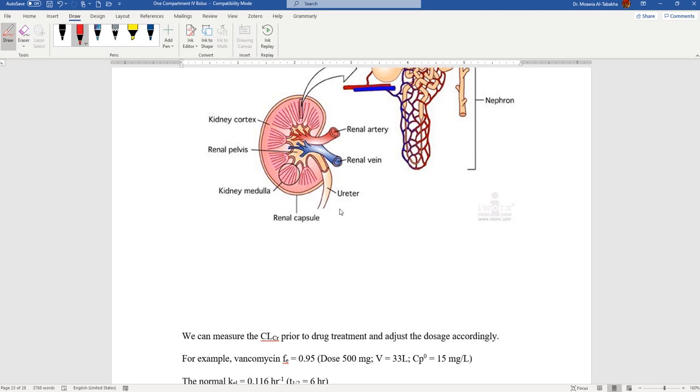I want you to know that almost all drugs get filtered. Almost all molecules, except large ones like albumin in the plasma, don't get filtered because they are big. Otherwise almost everything, for example minerals, salts, glucose, everything gets filtered.